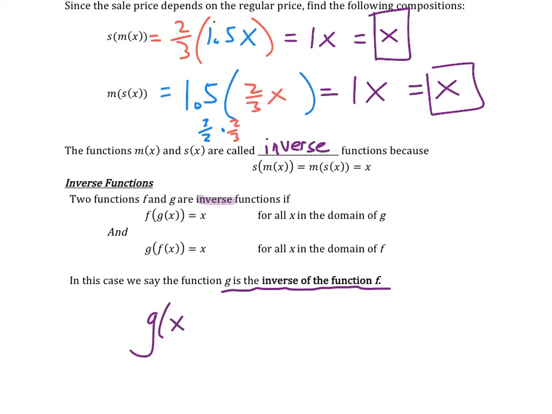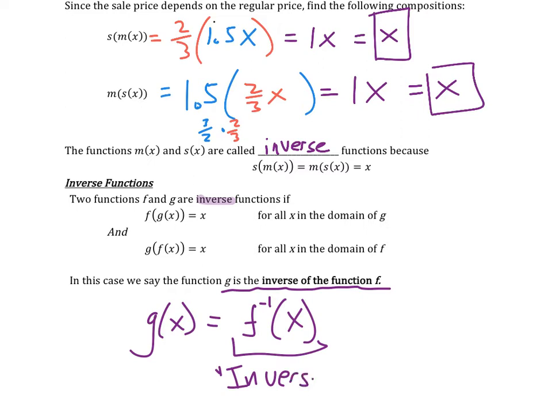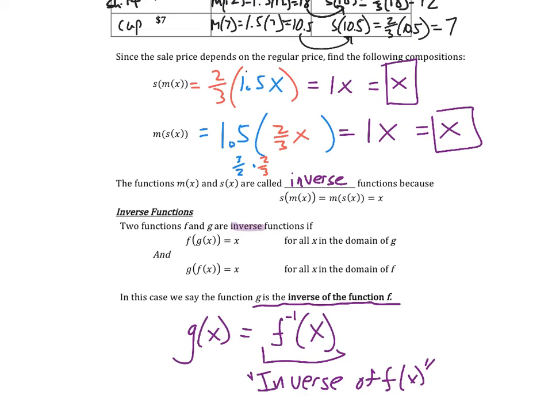G of x is f inverse of x. We put a little exponent, -1 up here, and that -1 means the inverse of f of x. All right? Okay, so f to the -1 means the inverse. So that's the deal. That's an inverse.